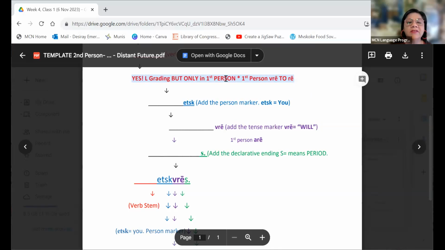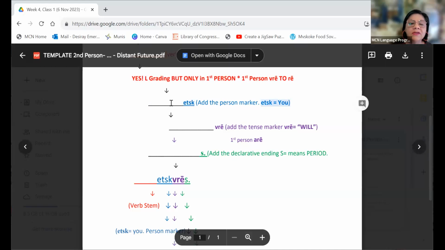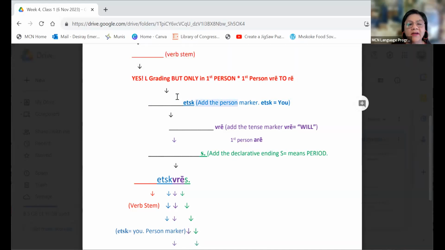So for second person, remember the person marker is it's, which means you. So home, verb stem, and then home it's, and add your tense marker, a the, which means will.